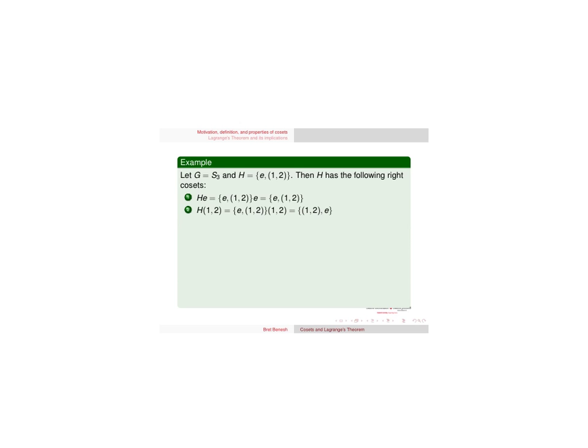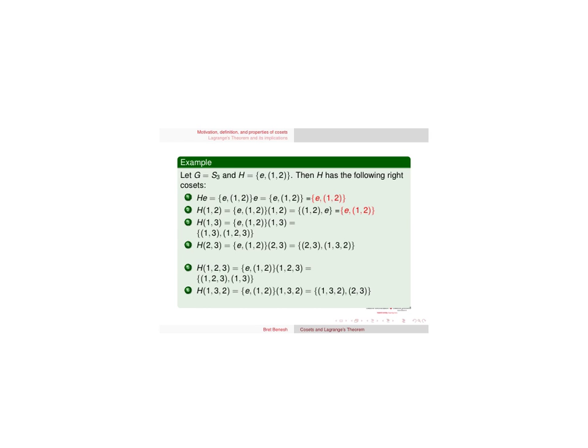Now look at (1 3): (1 2) times (1 3), and then (2 3). There. In this case, we get three different cosets. Look, those two are the same. They're both in red. And they're both in kind of a nice mauve color. So, again, we have different names for the same cosets.